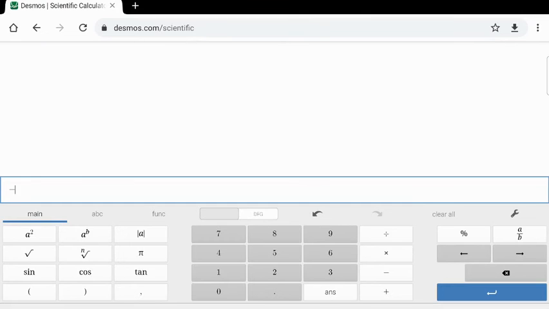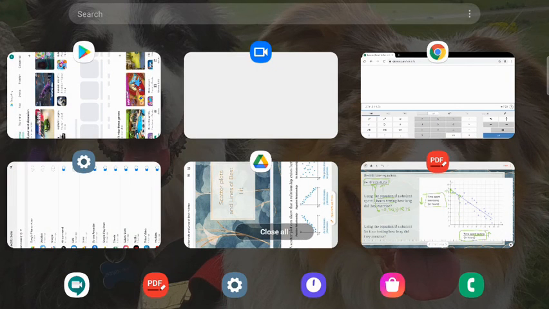Negative 0.75 times 2 plus 8.75 gives me a grand total of 7.25.